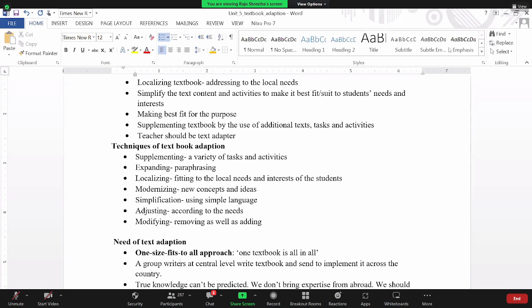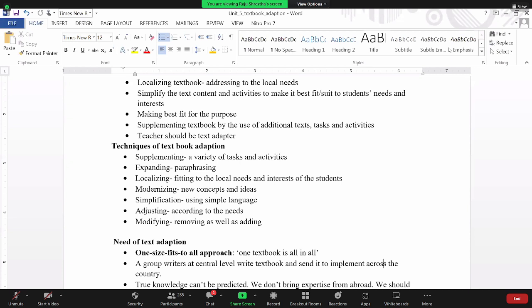A group of writers at the central level write textbook and send it to implement across the country. Now at the central level CDC makes it. CDC develops curriculum, writes textbook, and will send it to the district level, local level to implement this.